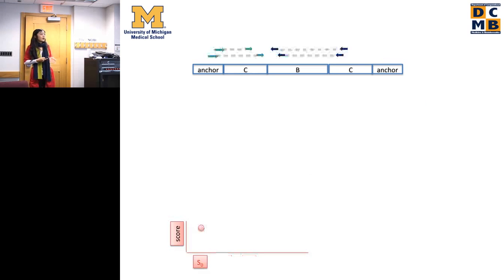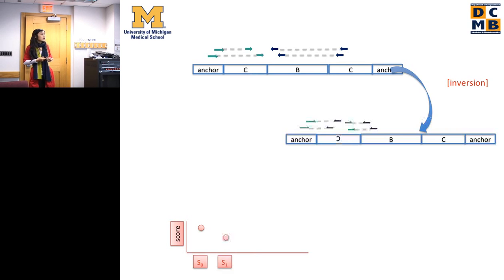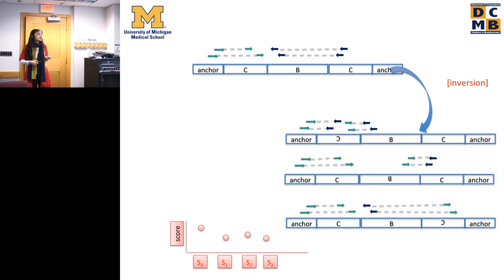Let's see, we want to do an inversion here. For inversion, we could invert the first block, the second block, or the third block. And we will check one by one how their reads are mapped. We can see here, this is obviously a much better case because the directions are all correct.